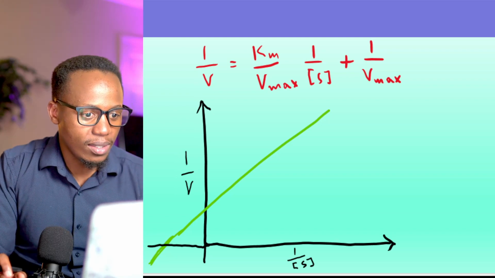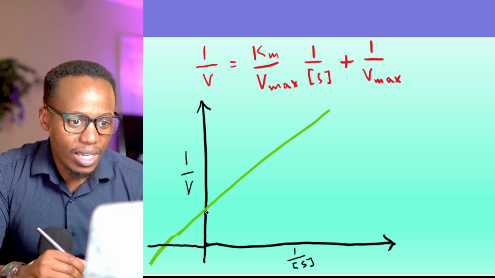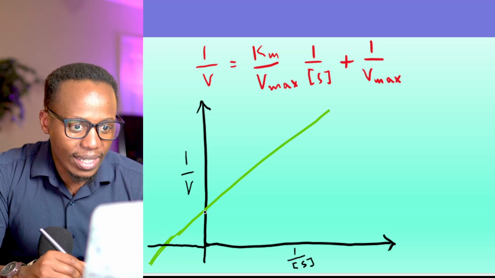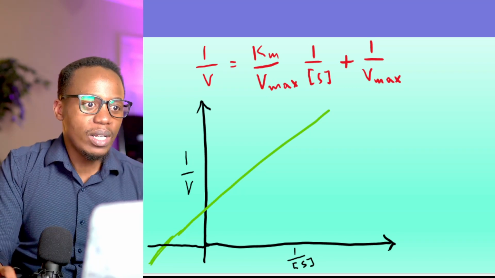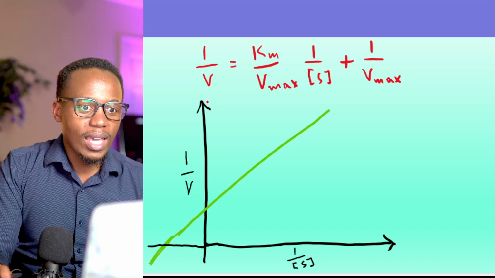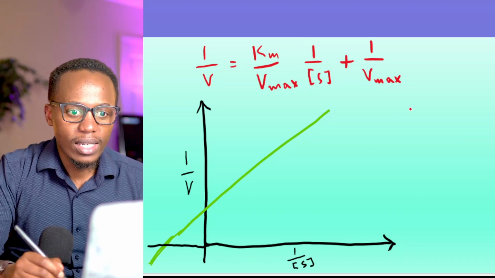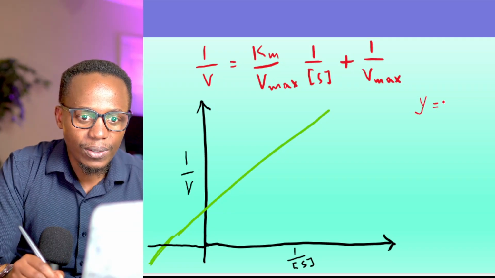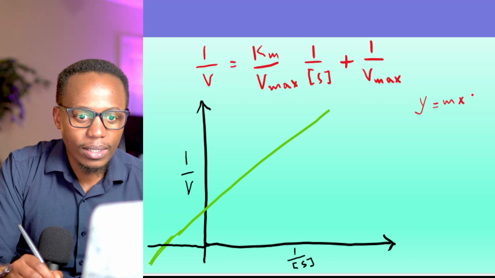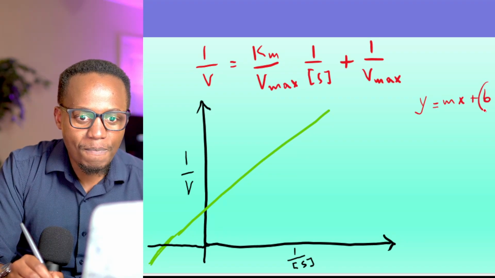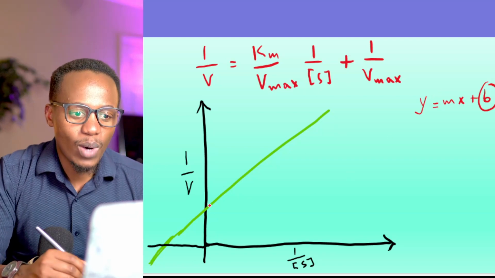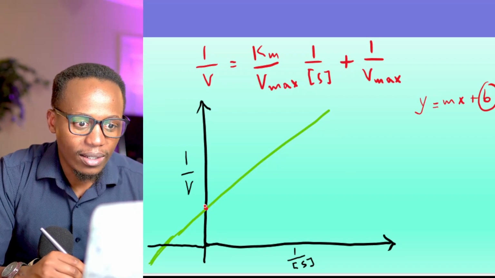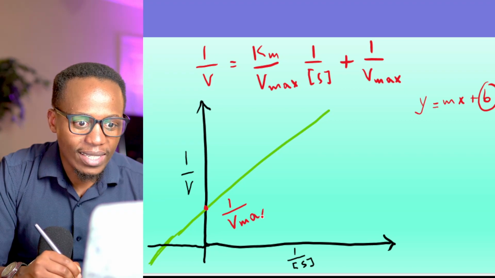So with this 1 over V, look at this, the y-intercept. If you remember a little algebra, if you take this whole thing as y is equal to mx plus b, then b is going to be the y-intercept, and the y-intercept is in here. Look, it's going to be 1 over Vmax.